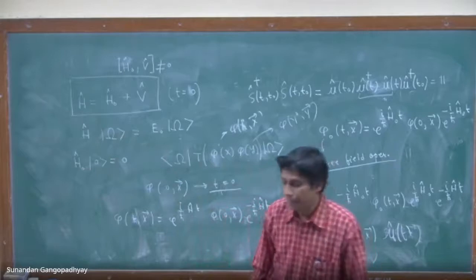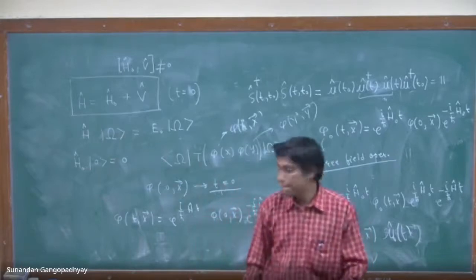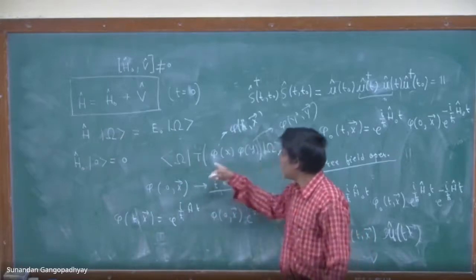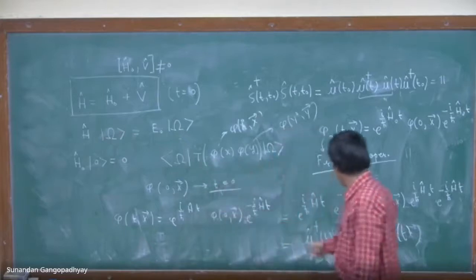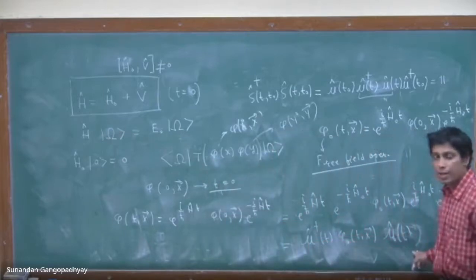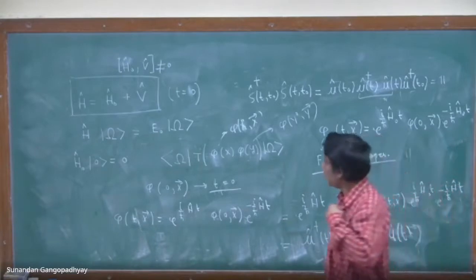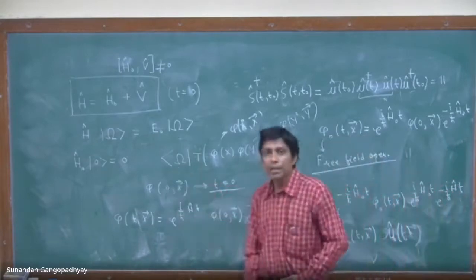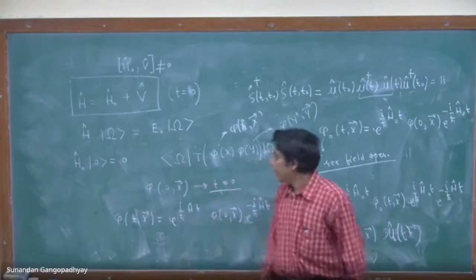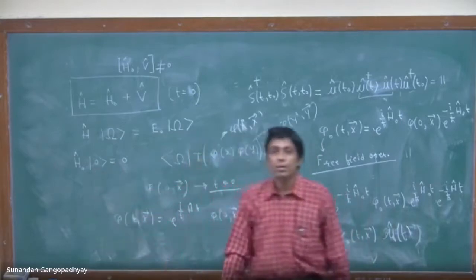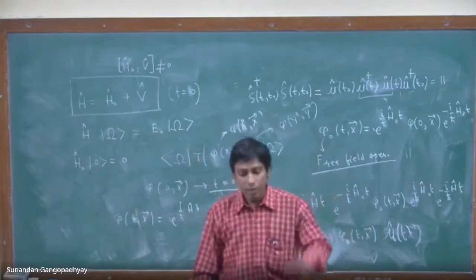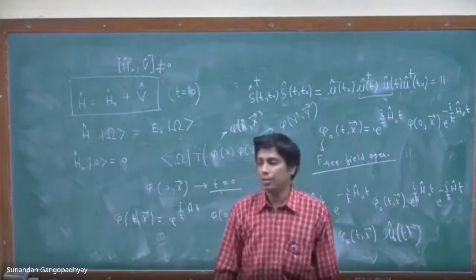So what should be our strategy? Just as in this case, this phi x, we have tried to relate it in terms of free field operators and free field Hamiltonian. Here also, we should try to relate this omega in terms of the state of minimum energy of the free Hamiltonian. That is what we should try to do.